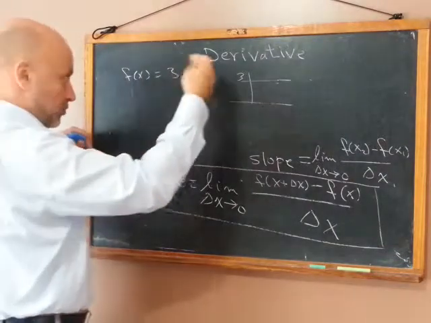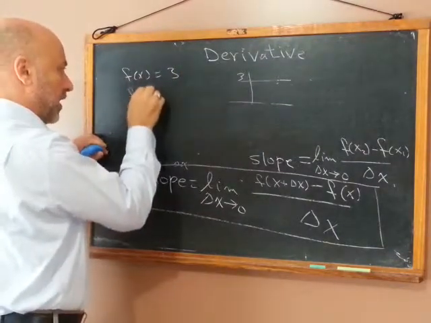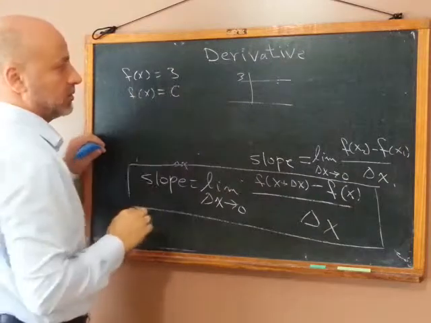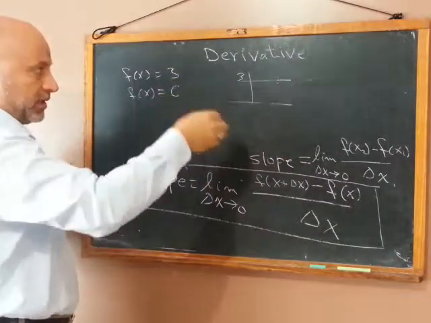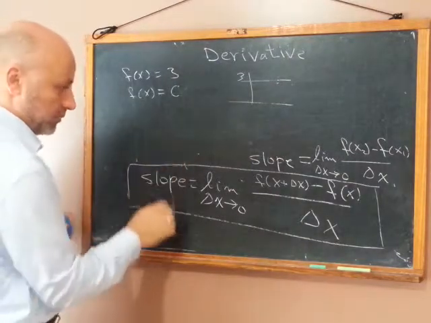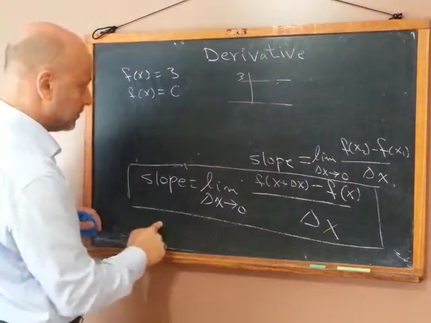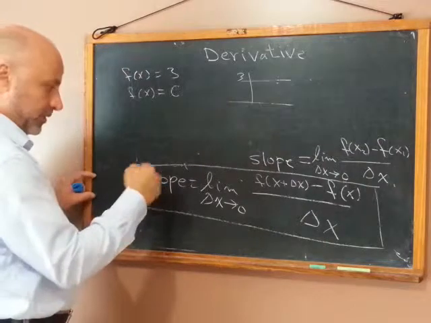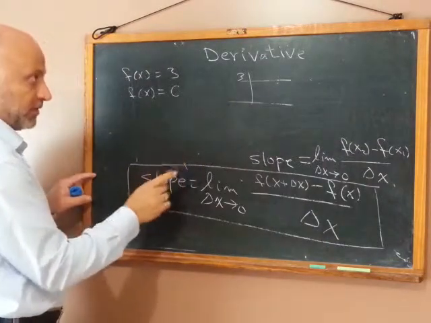I'm going to make it more general, say f of x equal to some constant, 3, minus 3, 3.10 million, any number. Then we substitute this. The slope is the derivative itself.